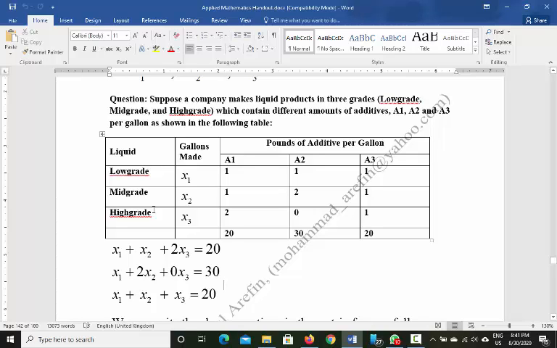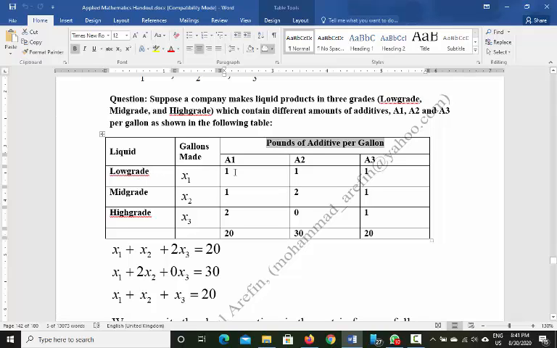I'm repeating the question again. A company is producing three types of liquid: low grade, mid grade and high grade. In each gallon of low grade liquid, 1 pound of A1 additive, 1 pound of A2 additive, 1 pound of A3 additive is there.